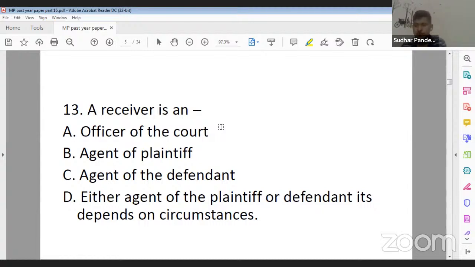It depends on circumstances. So what should be the correct answer for question number 13? Its correct answer will be A for Ahmedabad, that is the officer of the court, right? Now, let's move towards the next question, that is question number 14.